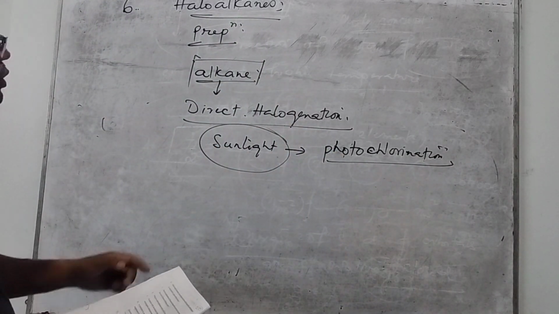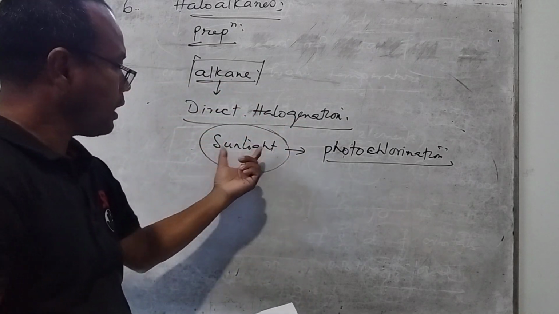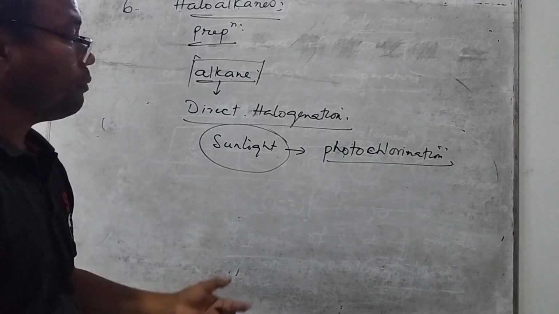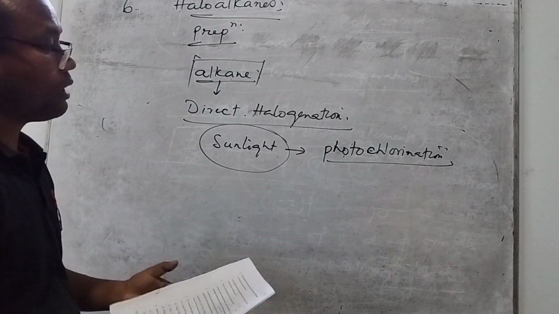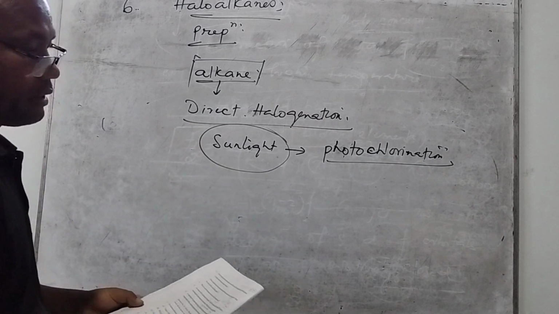That means from the alkane, hydrogen can be replaced by chlorine under the sunlight. That is what we call photochlorination. Monochloro means only one chlorine replaces one hydrogen here.